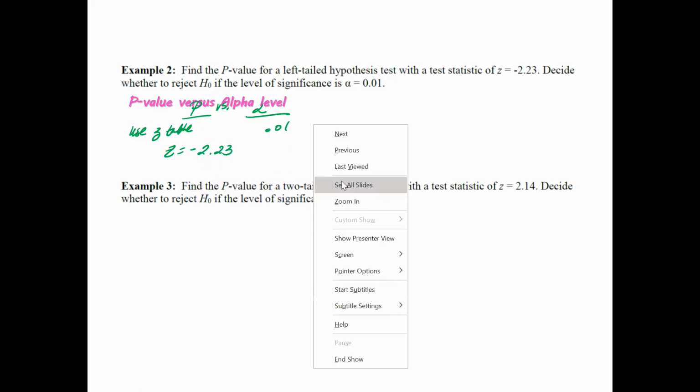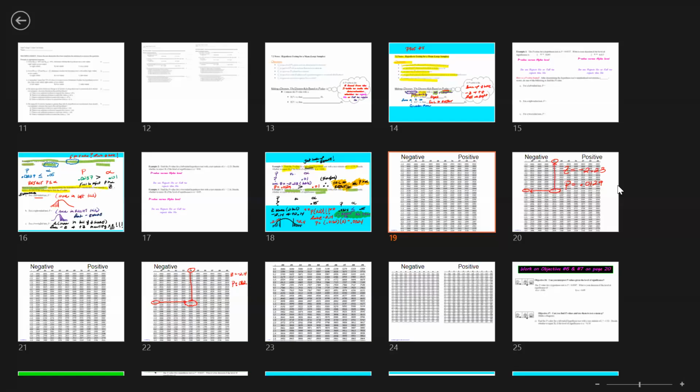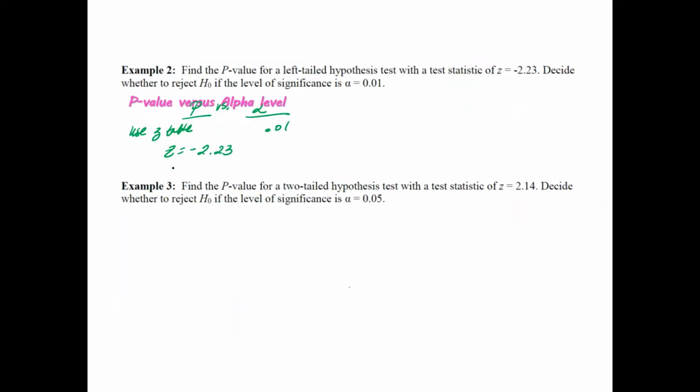As I'm looking at my z-score table, I'm going to look at negative 2.23. What is that? It is going to be 0.0129.